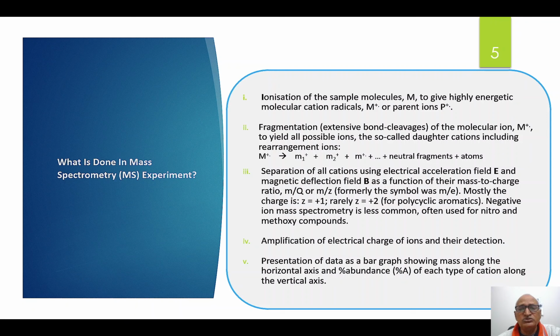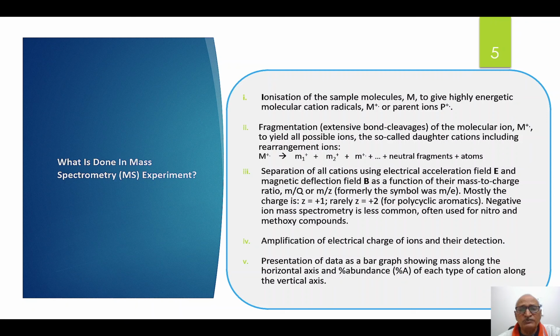Mostly m by z is used. Some authors prefer m by q, q for charge. Mostly the charge value z is 1, sometimes 2 for polycyclic aromatics. Negative ion mass spectrometry is also done, but it is very less common, sometimes used for nitro compounds and methoxy compounds.